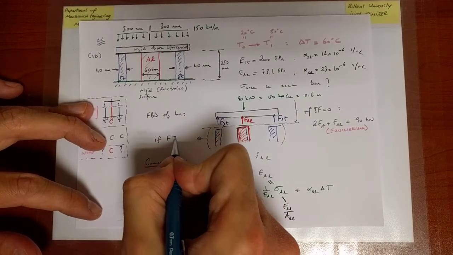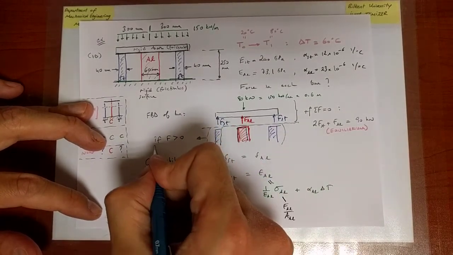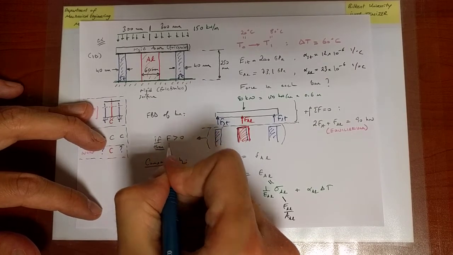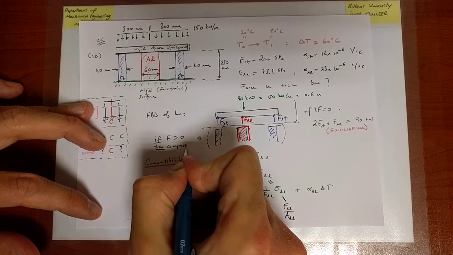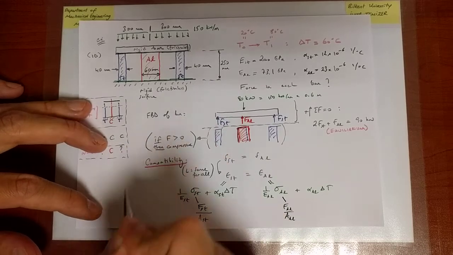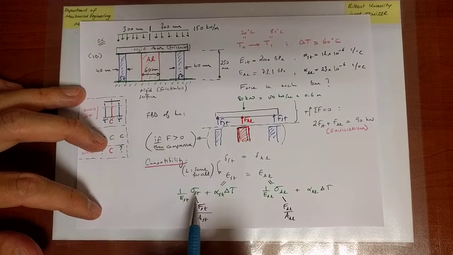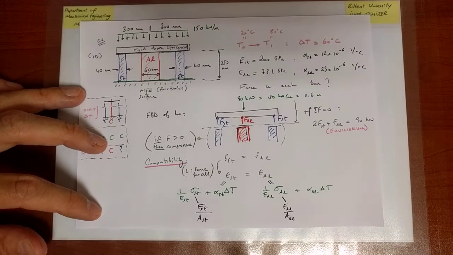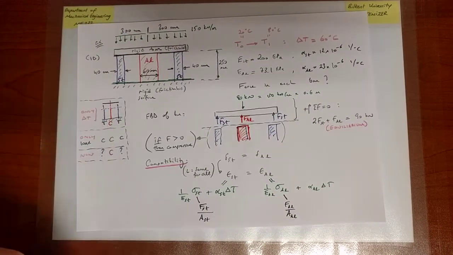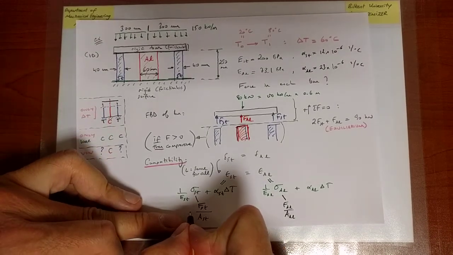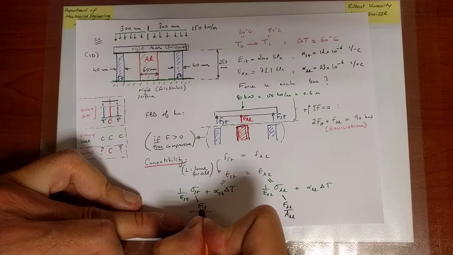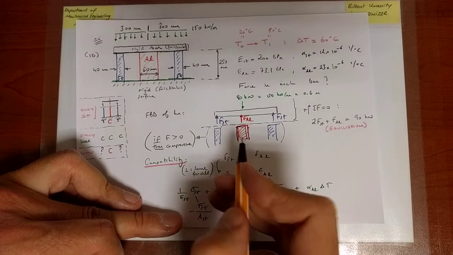Okay? If F is greater than 0 in this case, then it is compressive. Now, if the force is compressive, the resulting stresses have to also indicate compressive stresses, and therefore I need to have a minus sign, because the force is positive whether it's tension or compression, right?